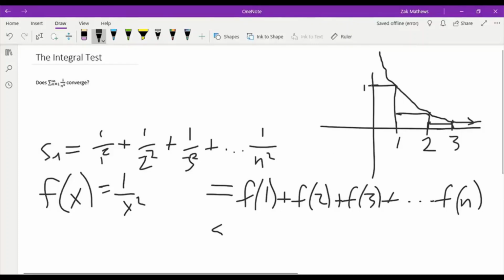Now, the other problem I run into is if I take the integral, say, from 0 to infinity, we have an improper integral shooting off to infinity. So I do need to start at 1, which means I'm going to include that first function value of f of 1.